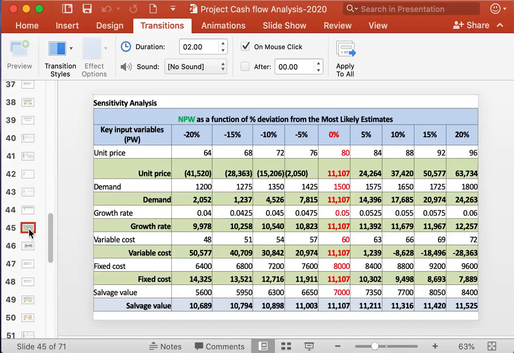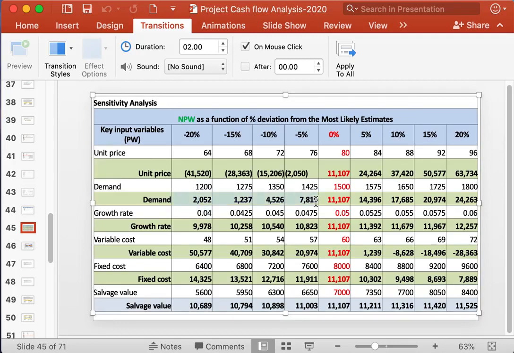And when you calculate for each percentage variation of each of these key input variables, you get the net present worths as shown in the bold numbers.